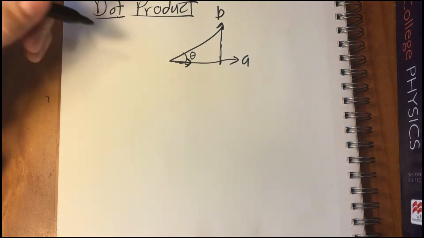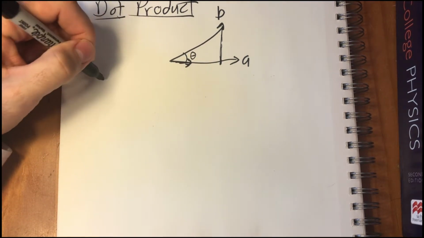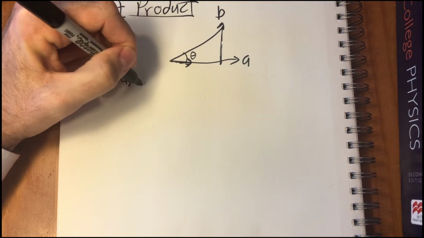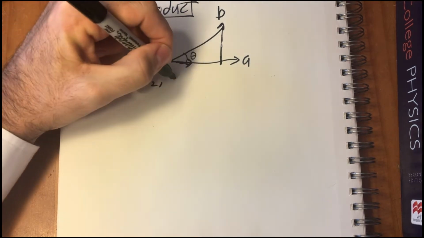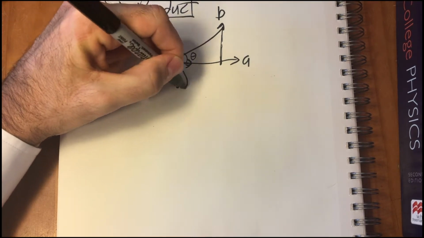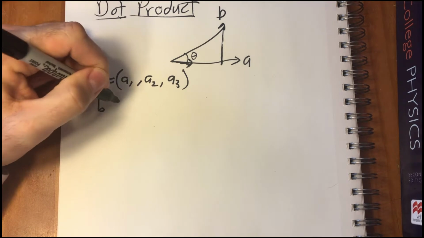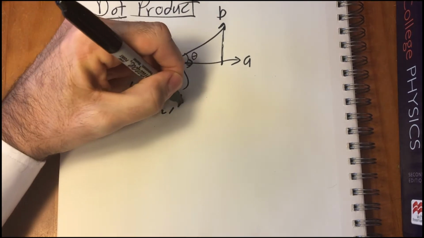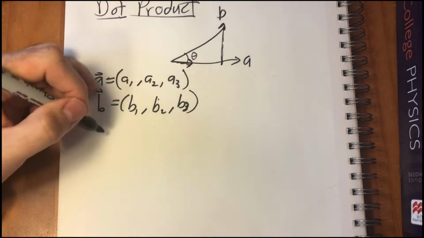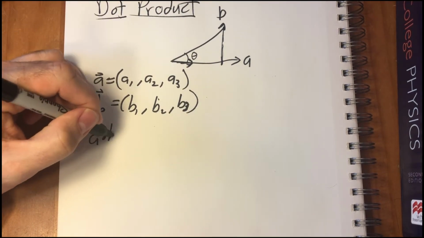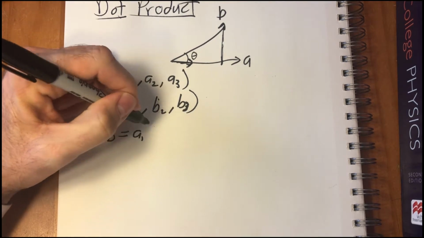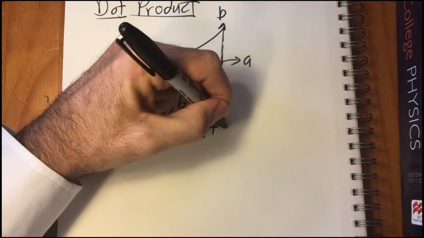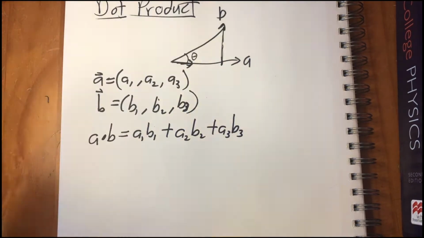So the other standard algebraic definition is that if you have two vectors A and B, we all learned this in school, that A dot B is A1 B1 plus A2 B2 plus A3 B3.